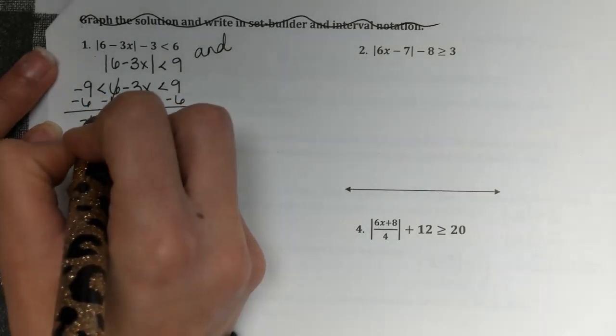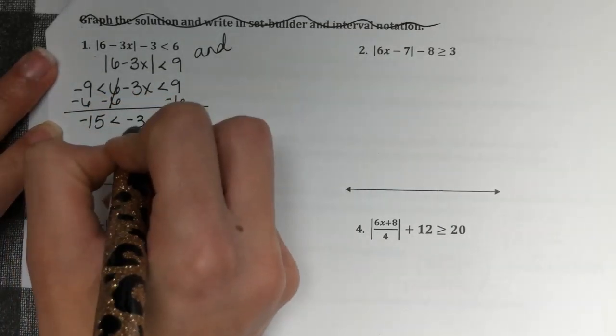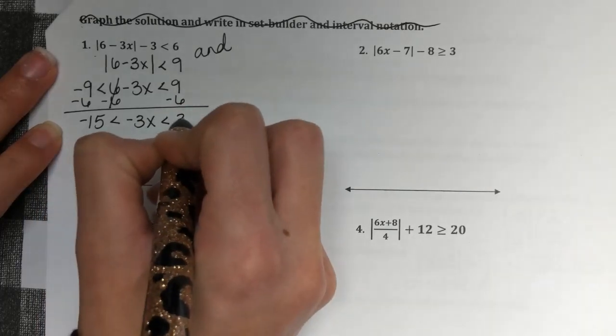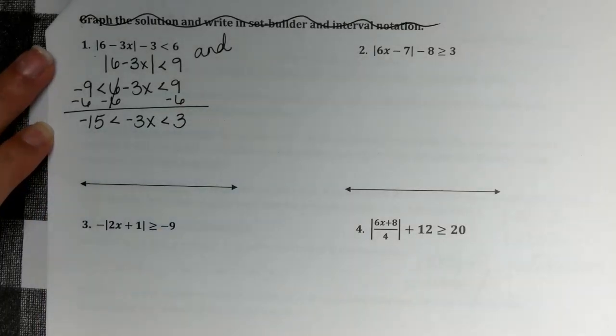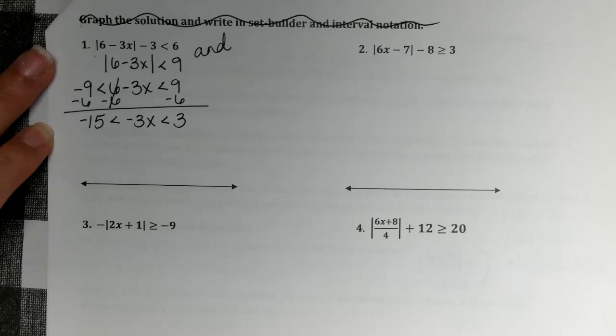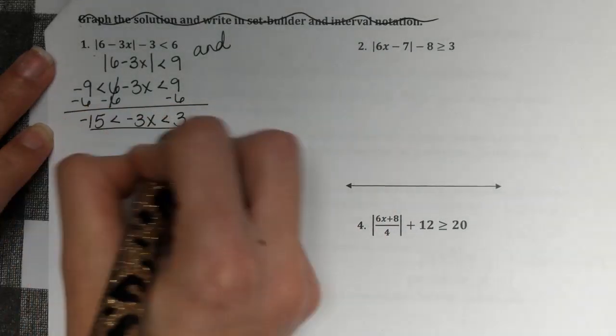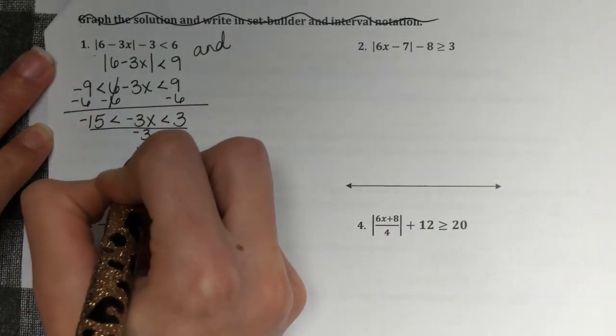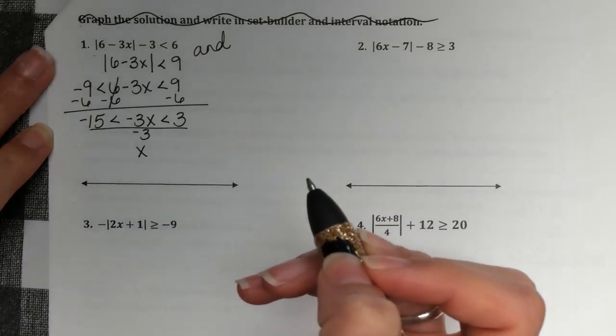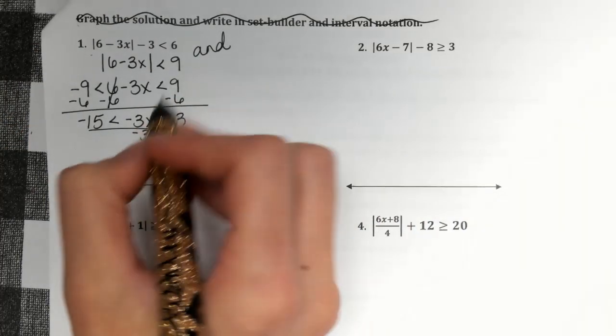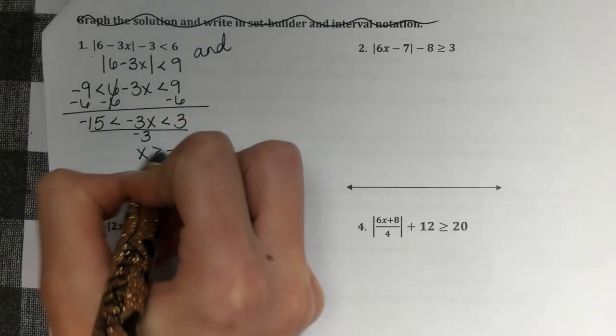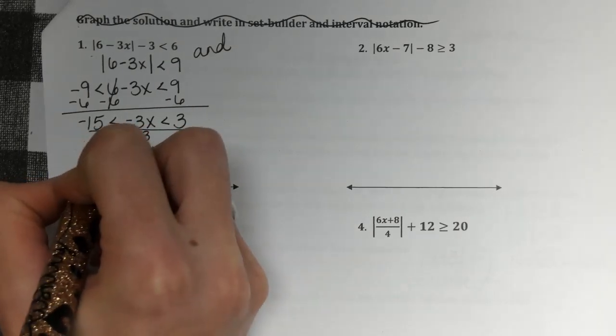So negative 15 is less than negative 3x, less than 3. And then what do I do? Divide by negative 3. And when I do that, what else? Flip my signs. Greater than negative 1. And then this becomes a positive 5.